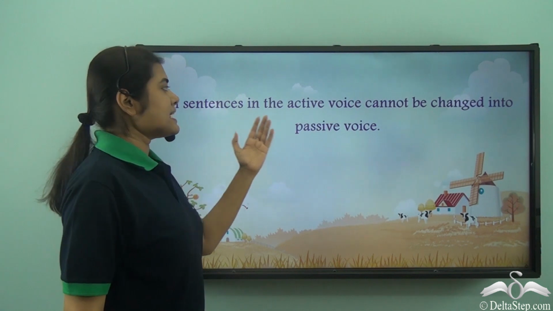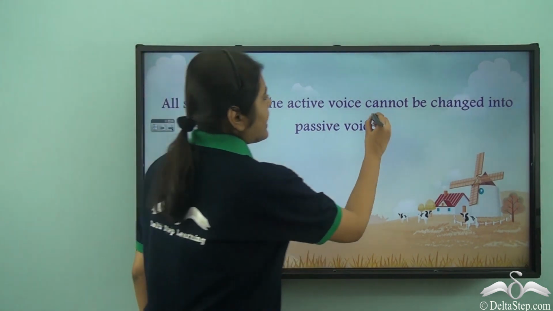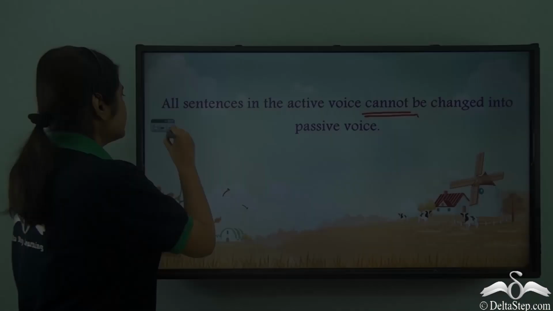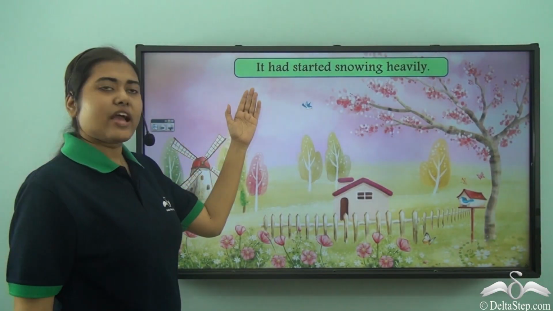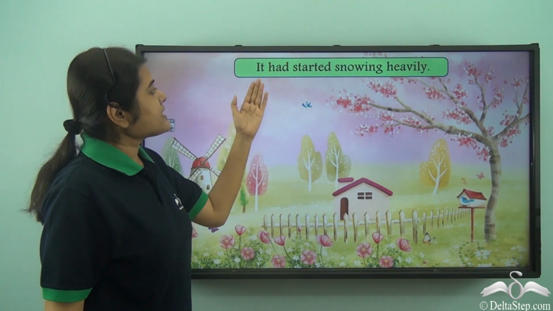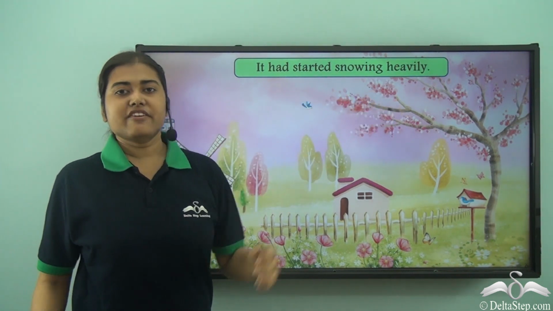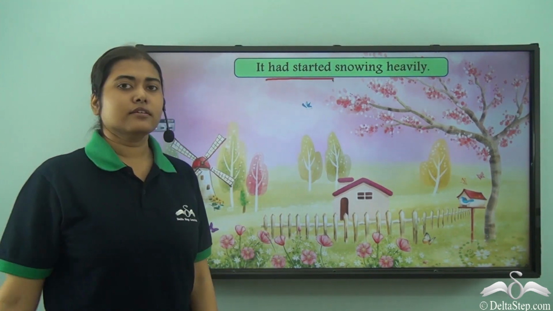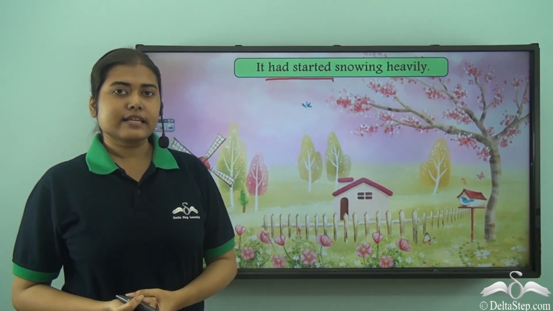Now all sentences in the active voice cannot be changed into passive voice. If we have a sentence like this, it had started snowing heavily. Now what is the verb here? Had started. Now is there an object in this case?